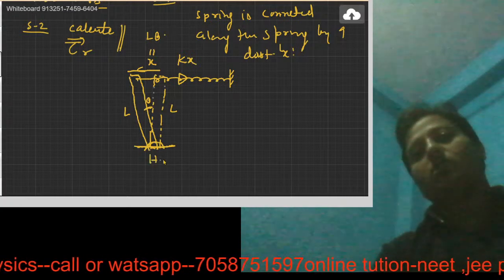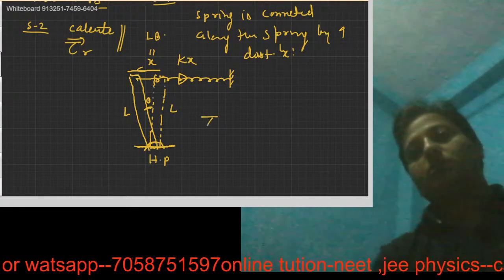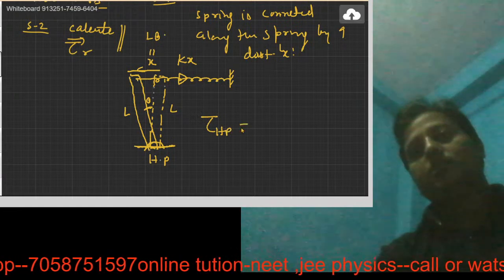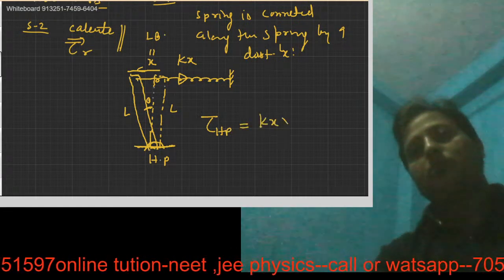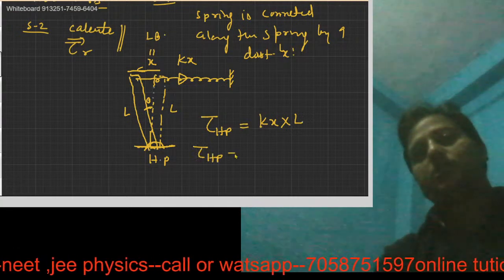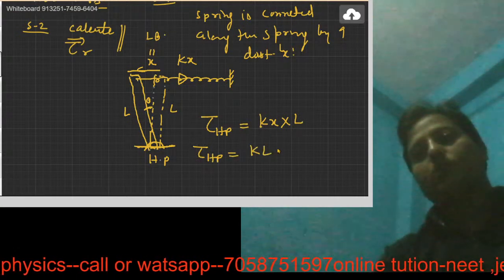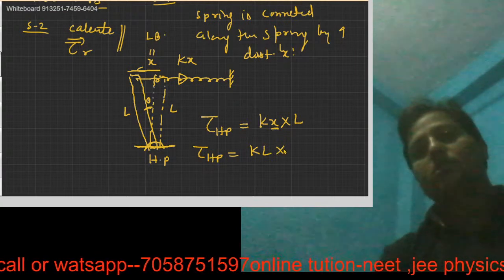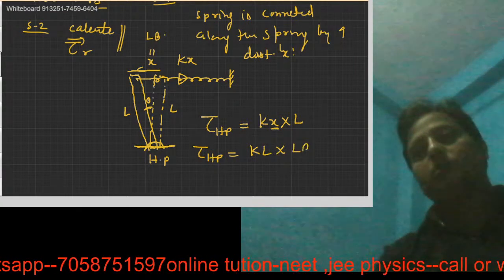So what is torque about the hinge point? Torque about the hinge point is kx multiplied by L, which is kL times x. x is L into theta.